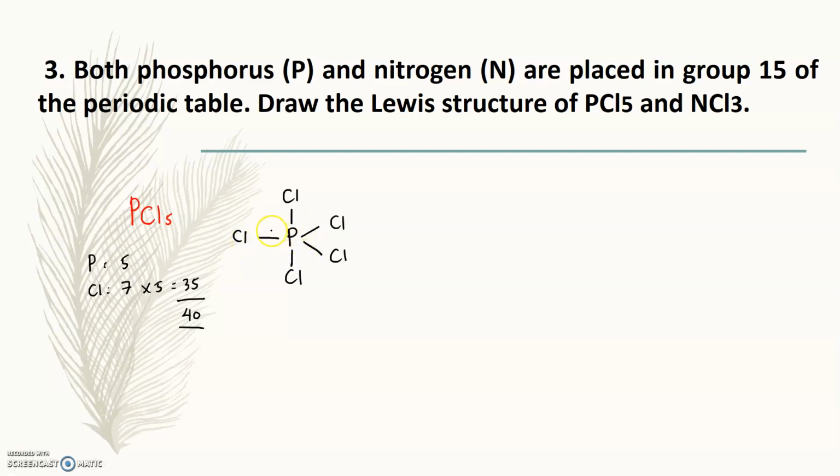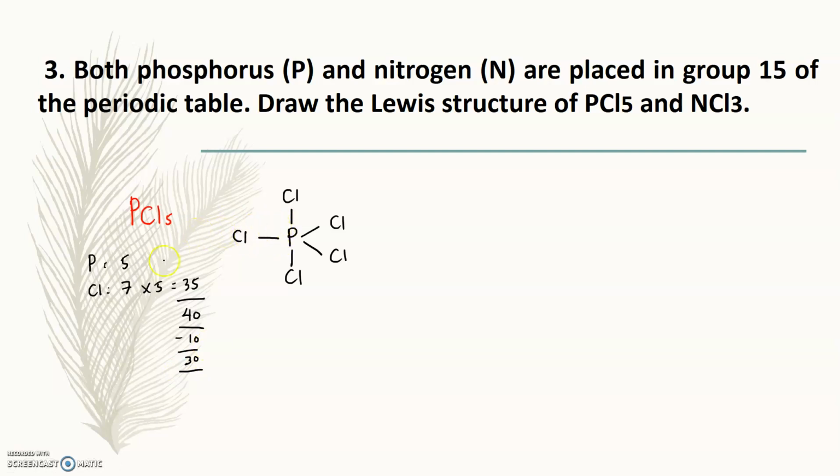The bonded pairs here are 2, 4, 6, 8, 10 electrons. So 40 minus 10 electrons leaves 30 non-bonding electrons.